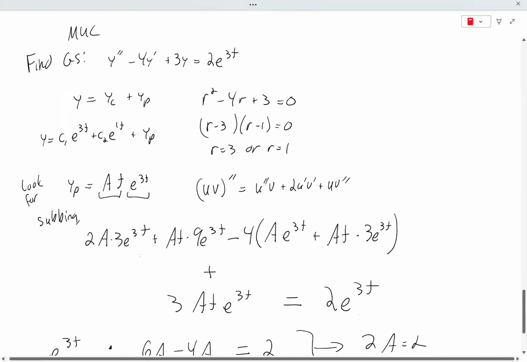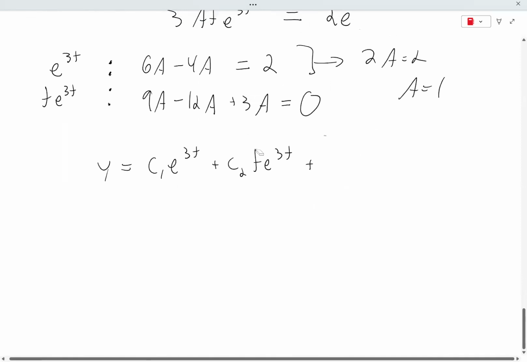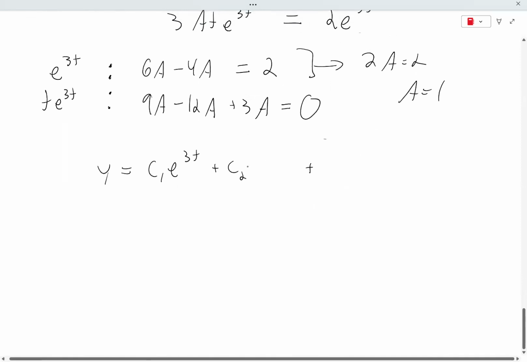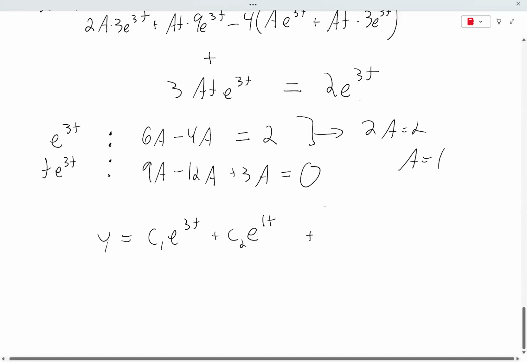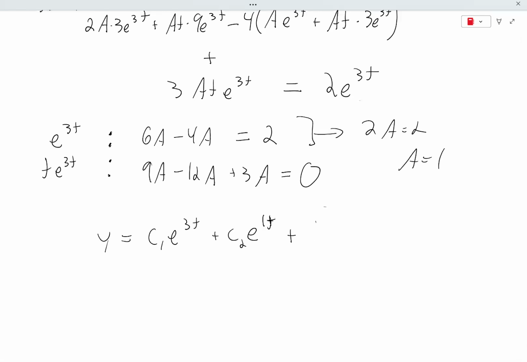I'm sorry, it didn't repeat. Forget that. This is c e to the, was it negative? I don't remember now. 1t, okay. And then plus 1, that's the a, and then t e to the 3t, like that. So that would be the general solution then.